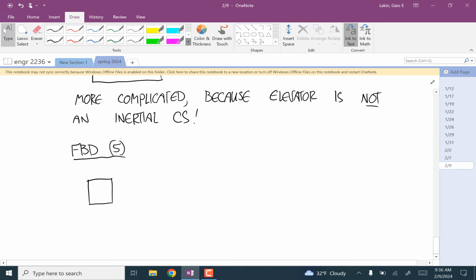So the 5 kilogram thing, whether it's accelerating or not doesn't affect what gravity does to it. That's just 49.05 down. And the cable force still does the same thing, parallel to the cable away from the body.